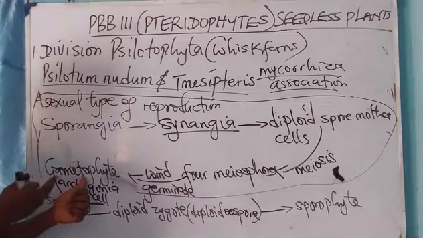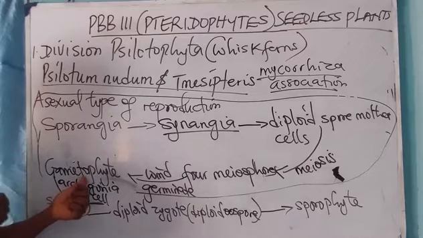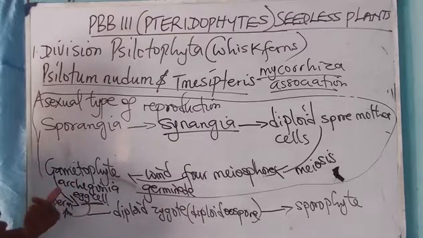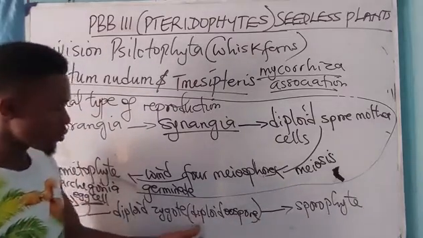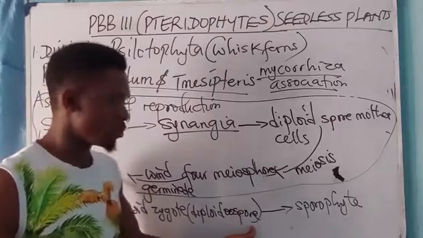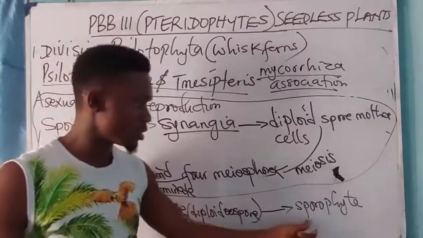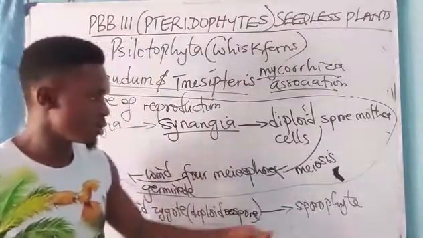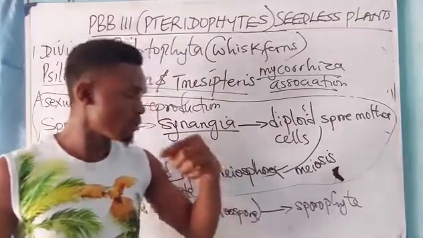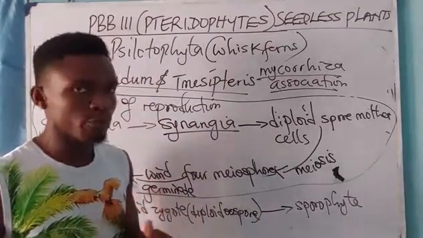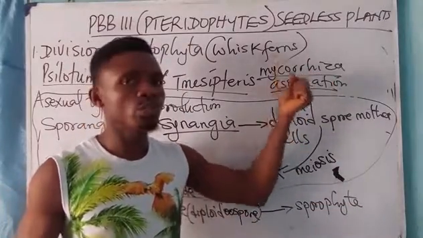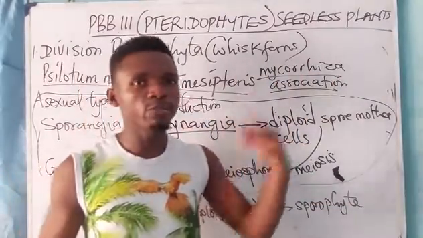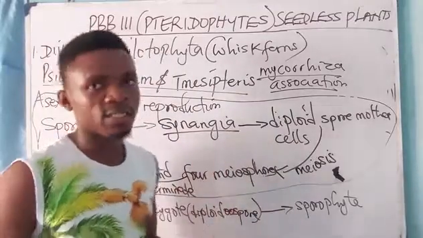Now, these gametophytes, which could be male or female, produce egg cell and sperm cell, which undergo fertilization to produce a diploid zygote, otherwise called a diploid oospore. Now, this diploid oospore produces the sporophyte. The sporophyte, upon further development, results in a mycorrhizal association, which is an association between the roots of higher plants and fungi. Take note of that.